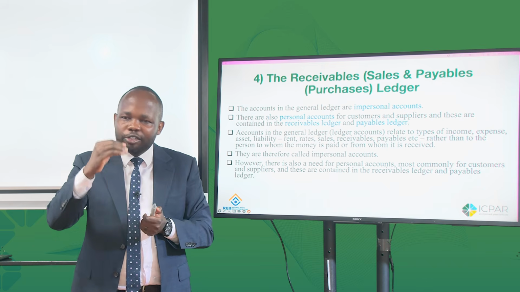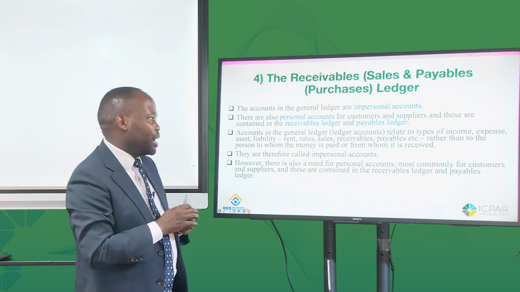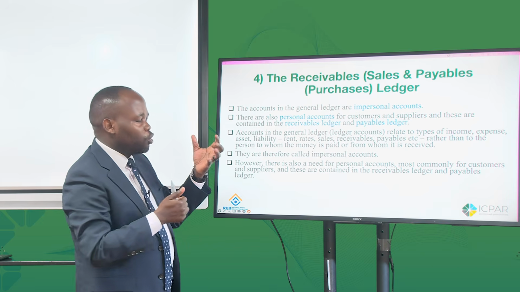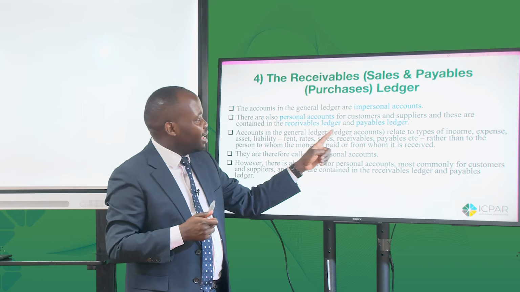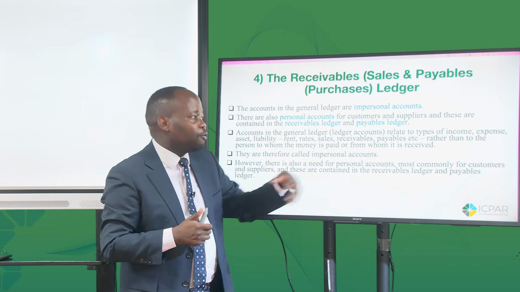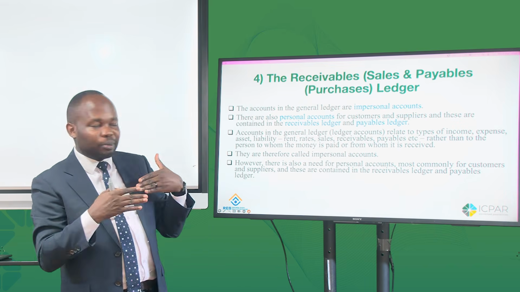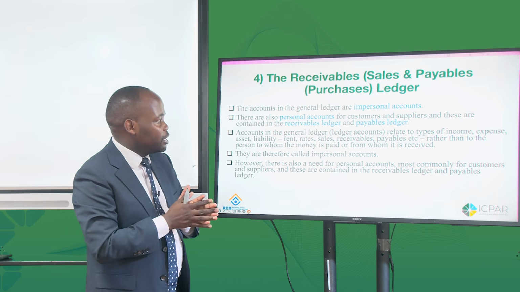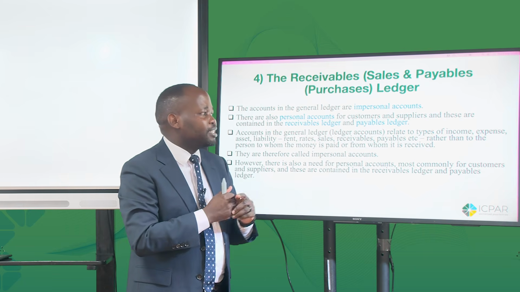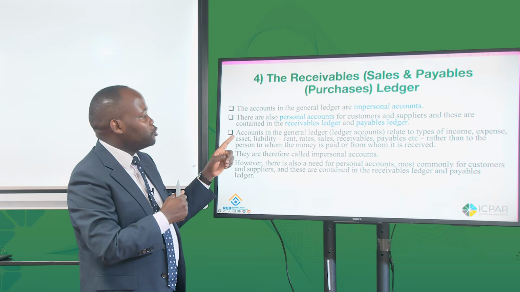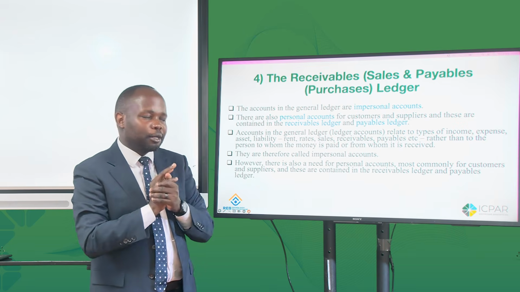If it's an account related to a customer, it goes to the receivables ledger. Accounts in the general ledger relate to types of income, expenses, as we had explained previously, assets, liabilities, rent, rates, sales, receivables, payables, etc., rather than the person to whom the money is paid.